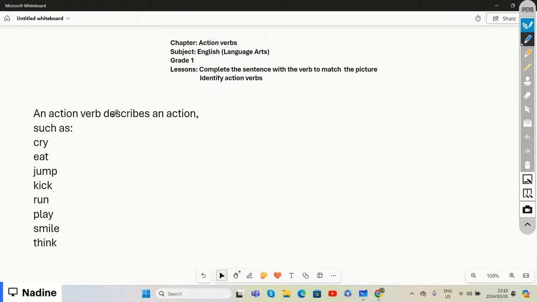Because an action verb describes an action. And we made a few examples of action verbs. We said an action verb is words like cry, eat, jump, kick, run, play, smile, or think. And once again, people do actions. An animal does an action.